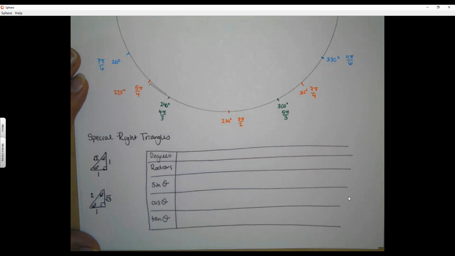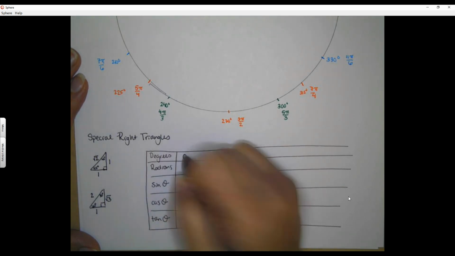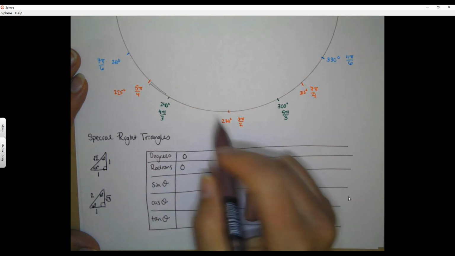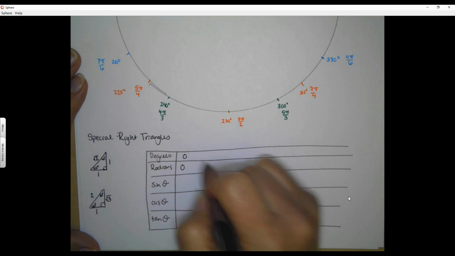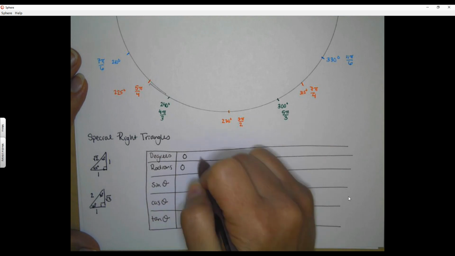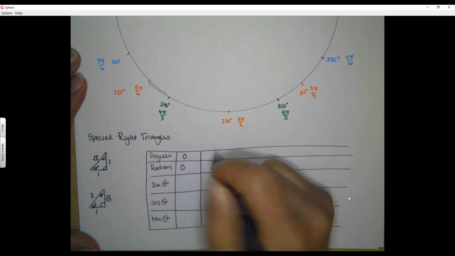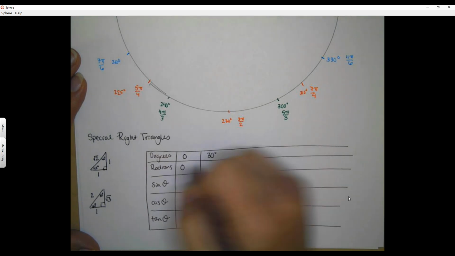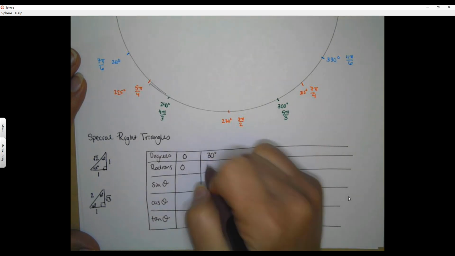So we want to do 0 degrees, which we saw is also 0 radians. We're going to do 30 degrees. I guess I don't really need the degree symbol since I've already labeled it, which was pi over 6.